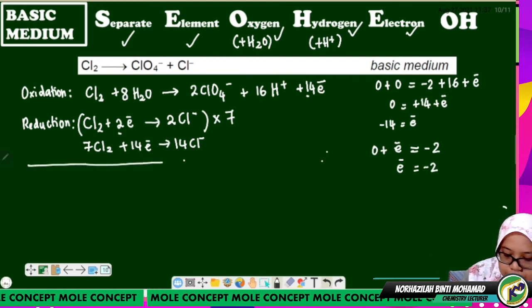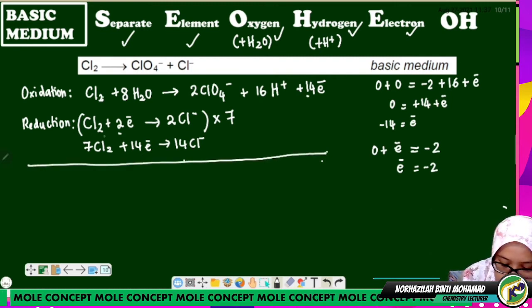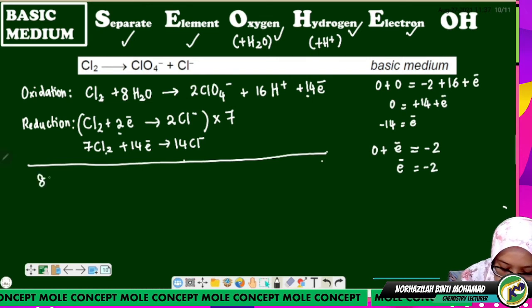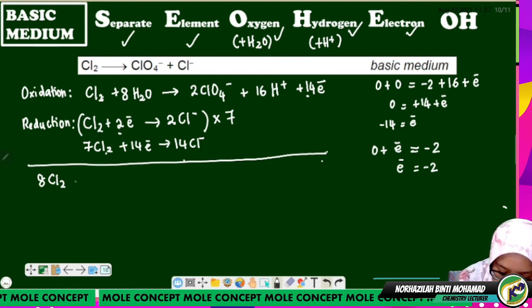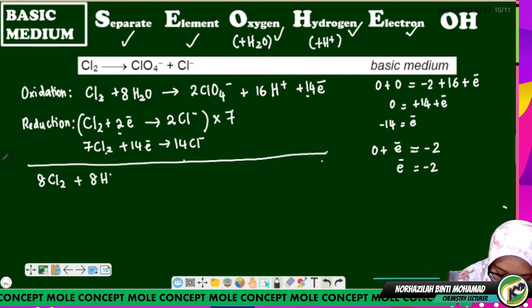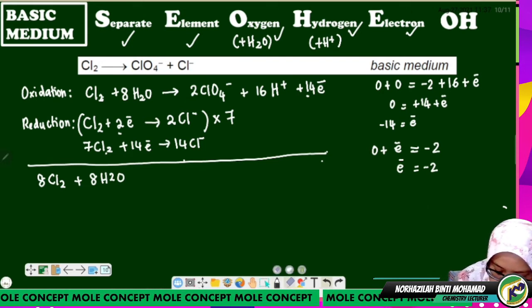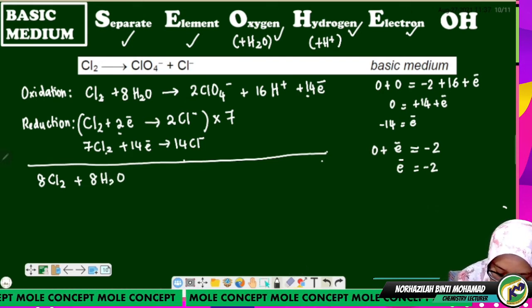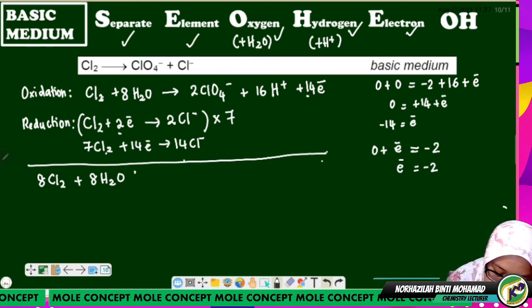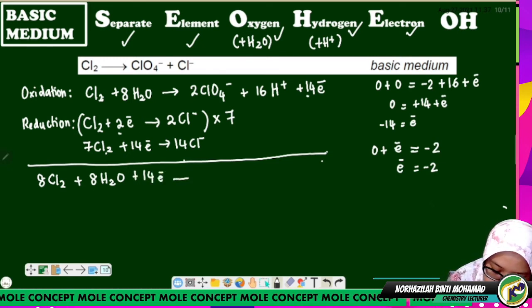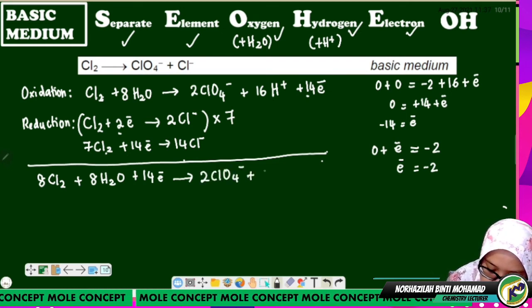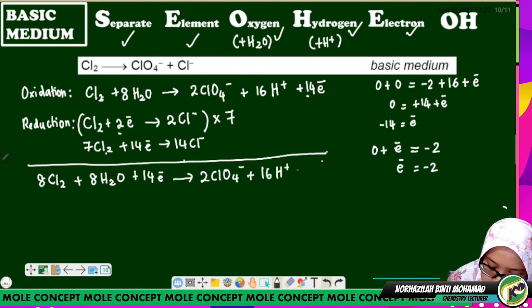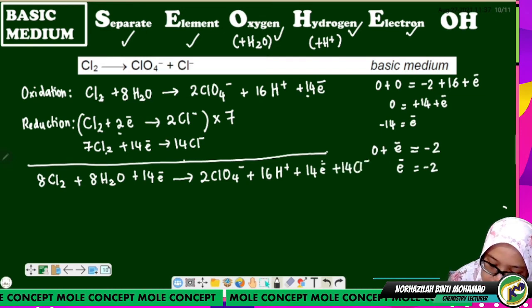So I combine the molecular formulas. Cl2 and Cl2 are the same, so 1Cl2 plus 7Cl2 is 8Cl2, plus 8H2O, and then plus 14 electrons produce 2ClO4 minus plus 16H plus plus 14 electrons plus 14Cl minus.